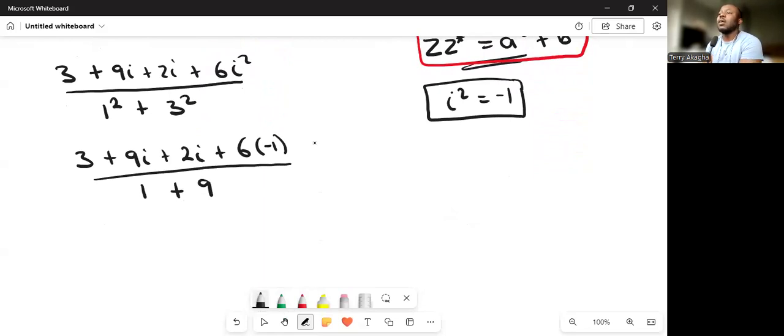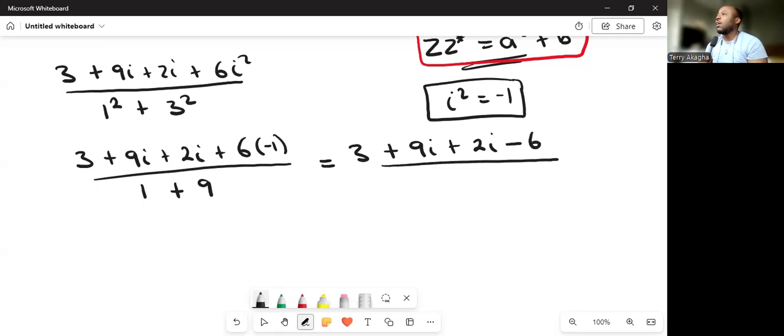So we collect the like terms together now. Let's open the brackets first before we collect like terms. It's going to be 3 plus 9j plus 2j. Now, plus times minus will give you -6, divided by 1 plus 9. Now, we'll add the real terms, so it'll be 3 and 6.